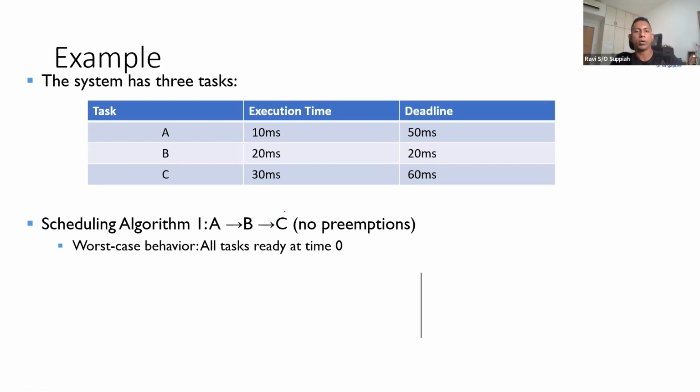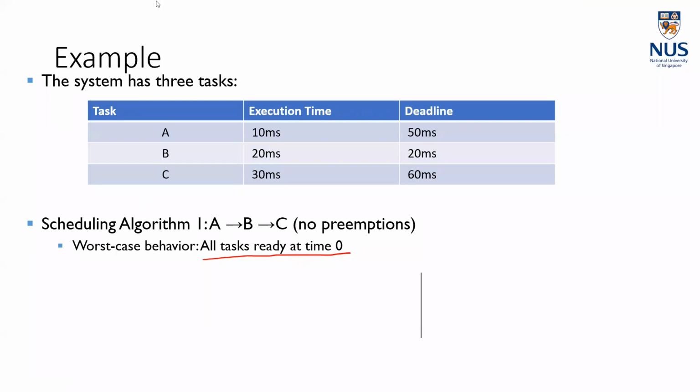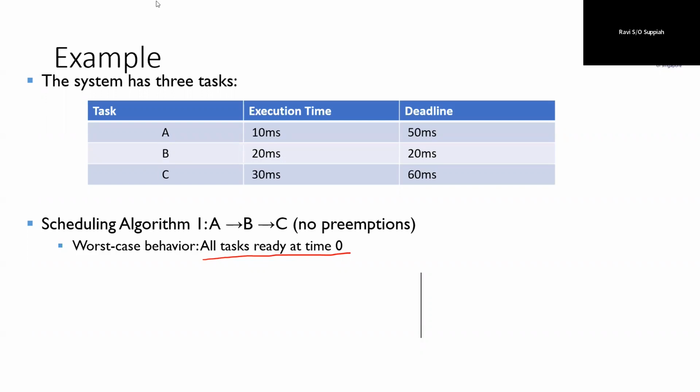Let's assume that I go in this order: A, B, and C. Like I said, all tasks are ready at time t equals 0. That means they all want to use the processor. So if I go in this sequence A, B, and C, let's see what happens.